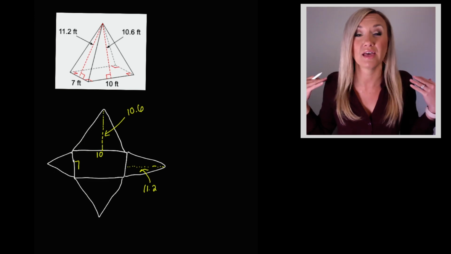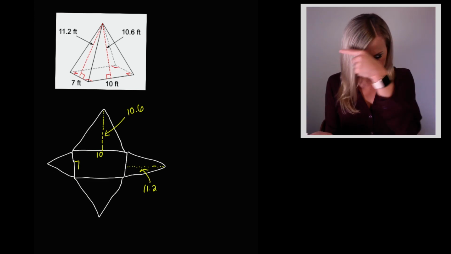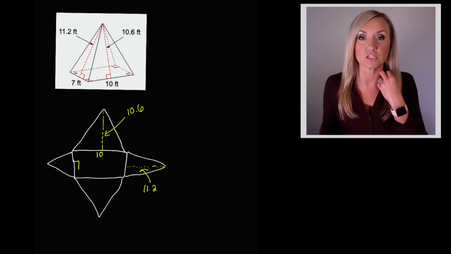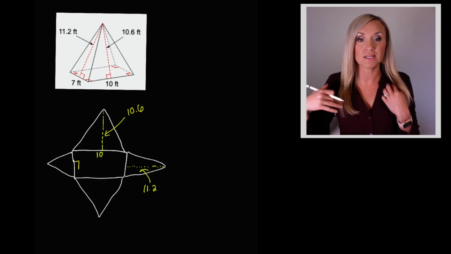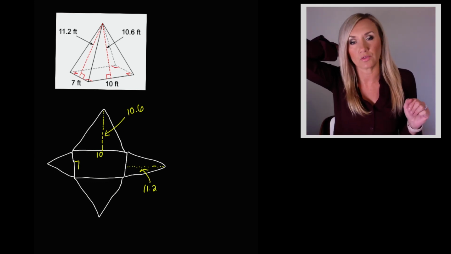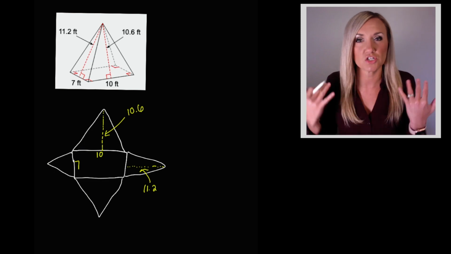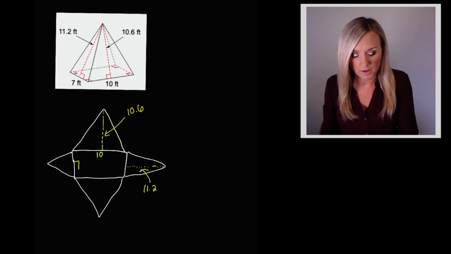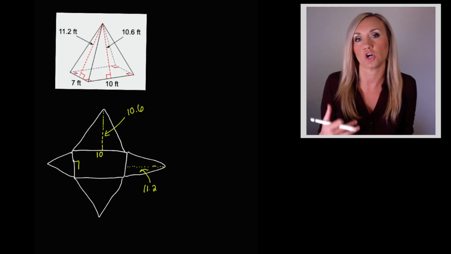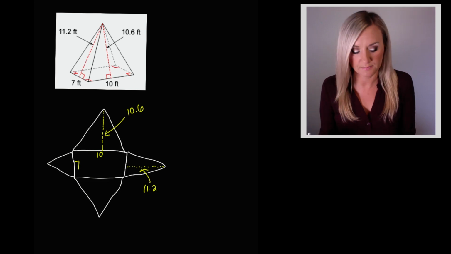Yeah. Could you do that with any pyramid? Yeah, you could definitely do that. In my opinion, it's the best way to do it with an irregular base. That's just my strategy. It's what I like to do. And sometimes it's very helpful to draw a picture and kind of visualize it.